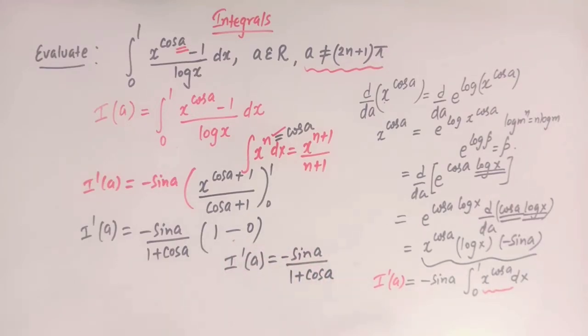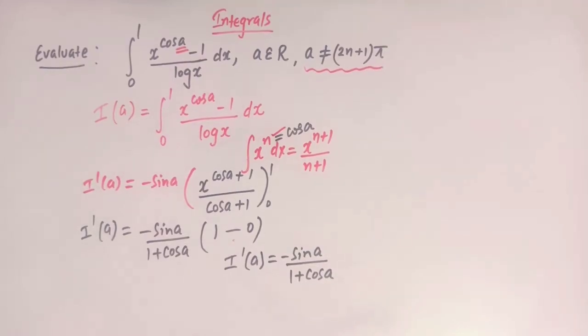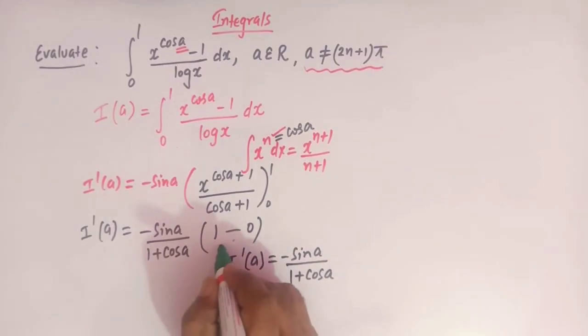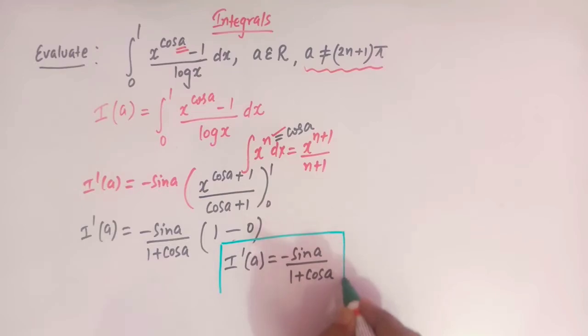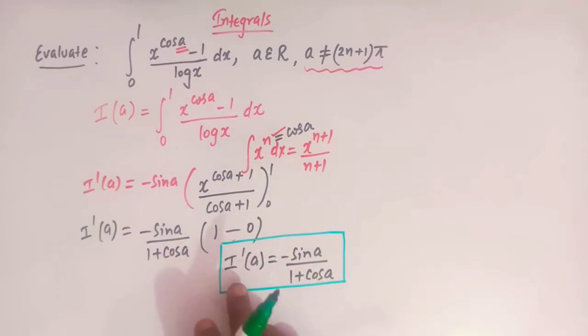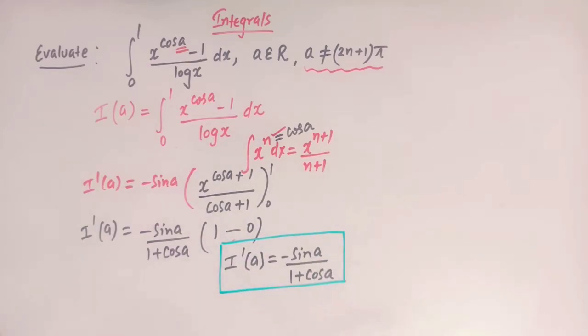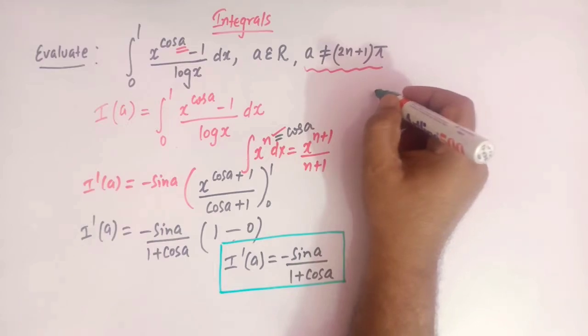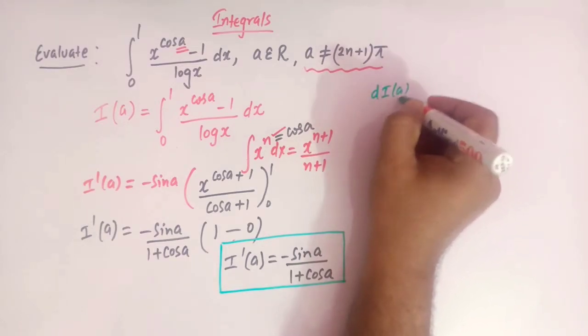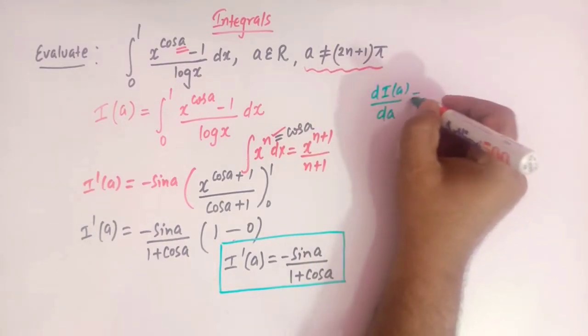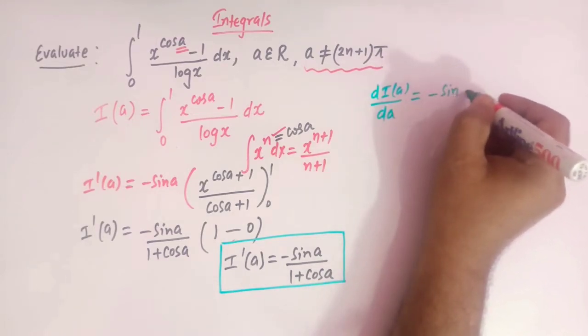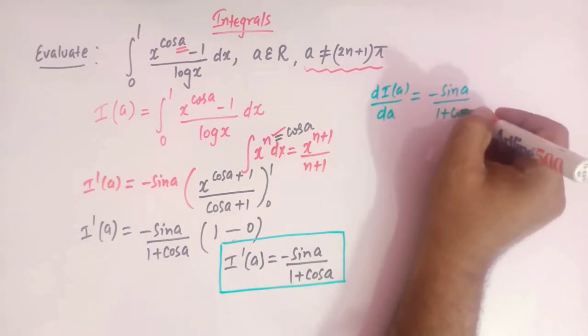So now we have arrived at this result, and when we see this result, we see that this is a differential equation in the variable a, right? So I prime of a is dI of a over da, and we have minus sine a over 1 plus cos a, right?